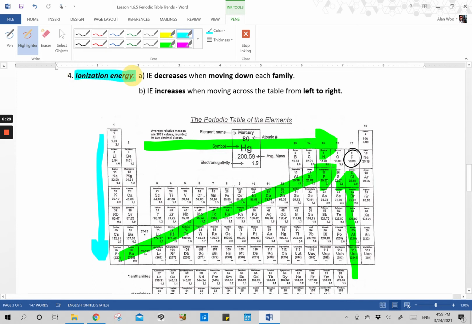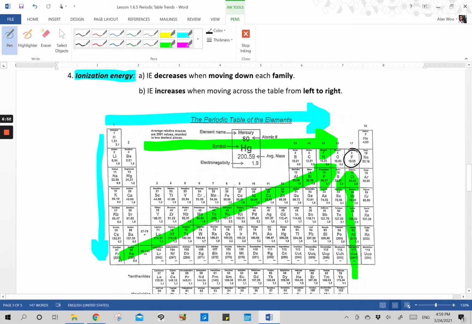So ionization energy decreases when you move down each family. But the thing is, when you move across the periodic table from left to right, again going in this direction, ionization energy actually increases.